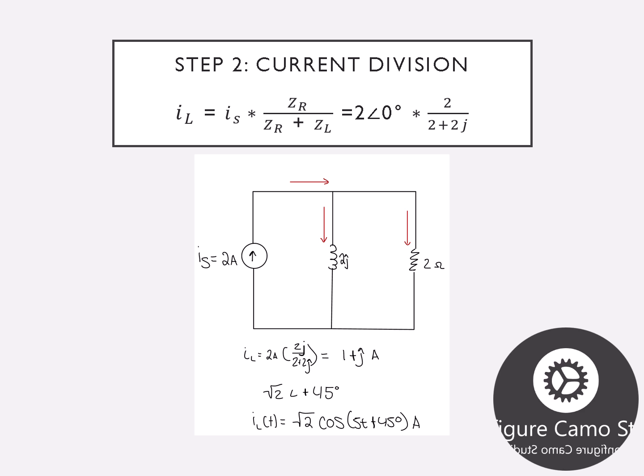Then when we convert it back into the time domain, IL of t is going to be the square root of 2, which is our amplitude, cosine, since we're dealing with cosines, not sines, of 5t, which is our original omega, plus 45 degrees.